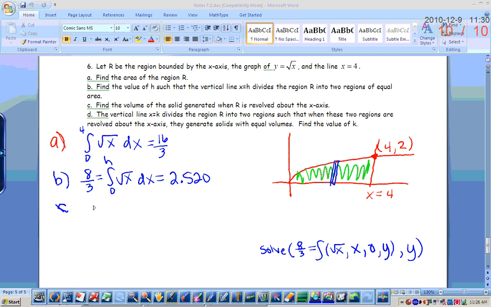Okay, C. Find the volume of the solid generated when R is revolved around the x-axis. Disk or washer? Disk, okay, because we'll have no hole. That axis of revolution completely butts up against your figure right there.